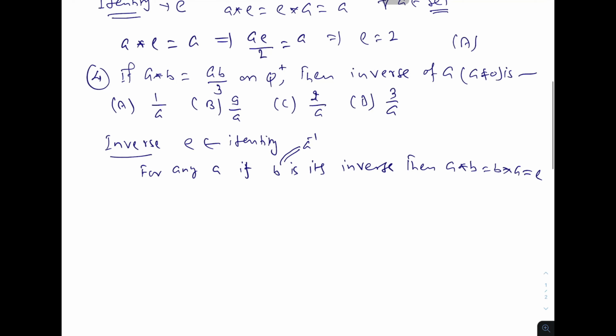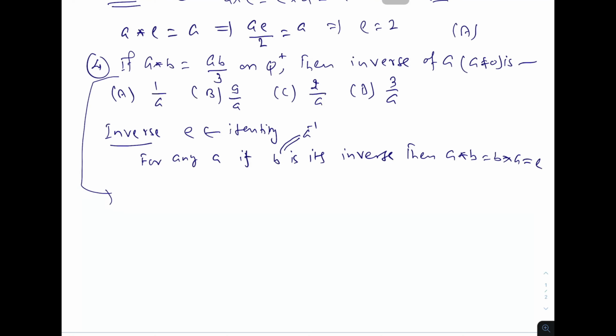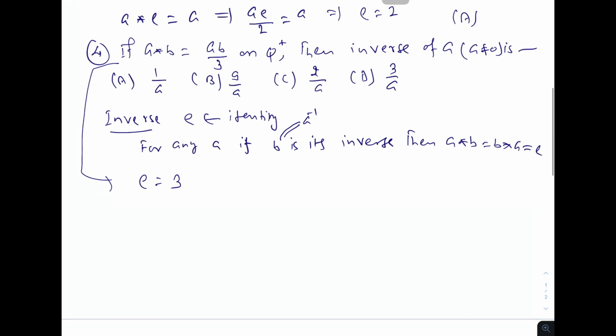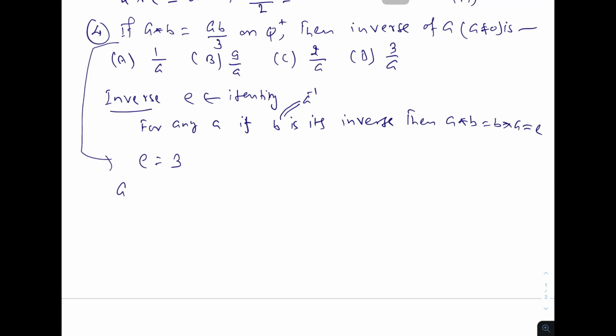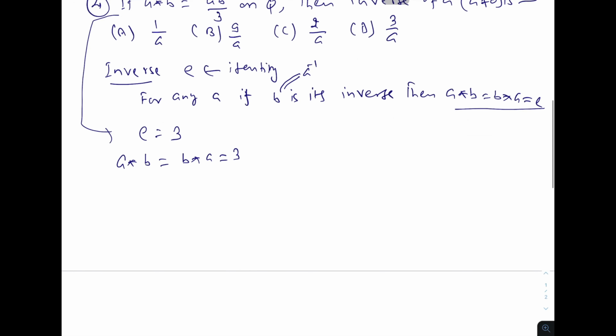So first we need the identity. Just like the previous question, I leave it to you to find the identity. For this example, the identity would be 3, which is easy to find. Now you want the inverse of A, so there must exist B such that A star B equals B star A equals the identity, which is 3.